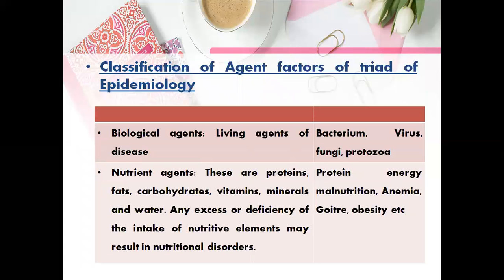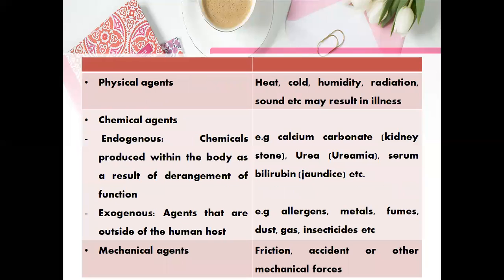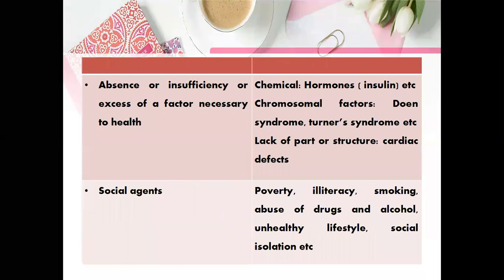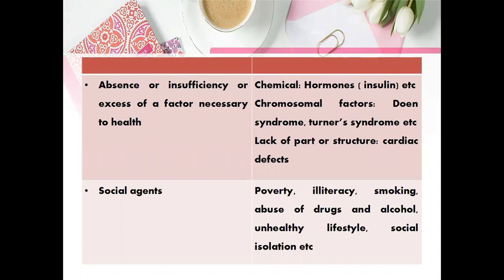So are you clear with the agents? The agents are mostly divided into biological agents, which are the living agents. Then we have the nutrient agents, the physical agents, chemical agents, which can be endogenous or exogenous, and mechanical agents. Then we have anything involving absence or excess, then the social agents.